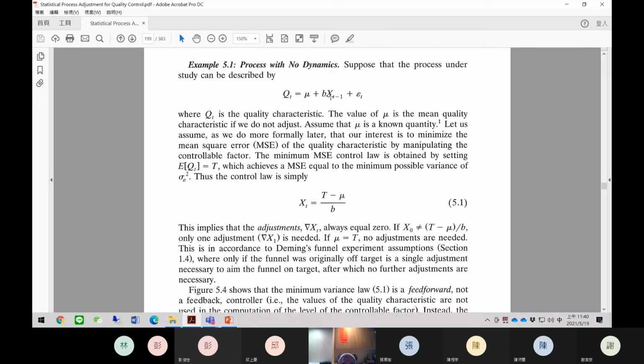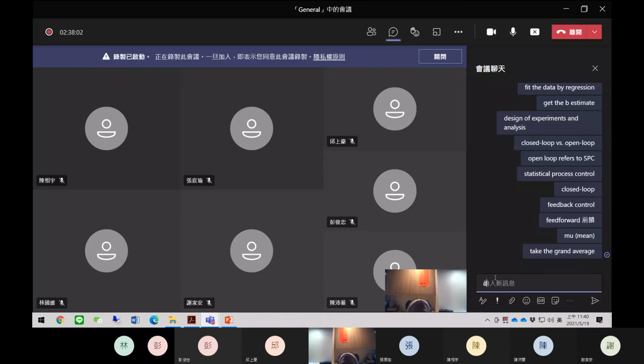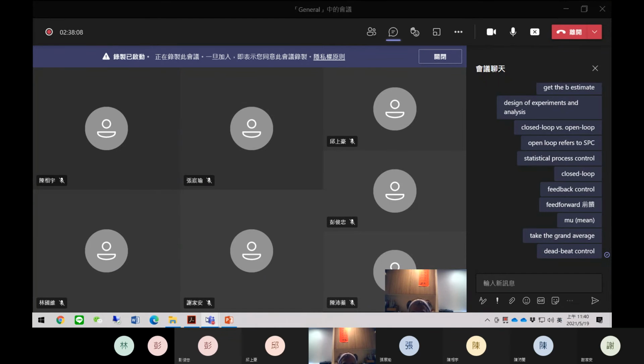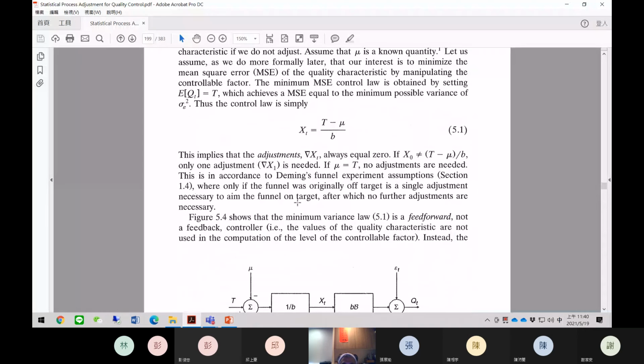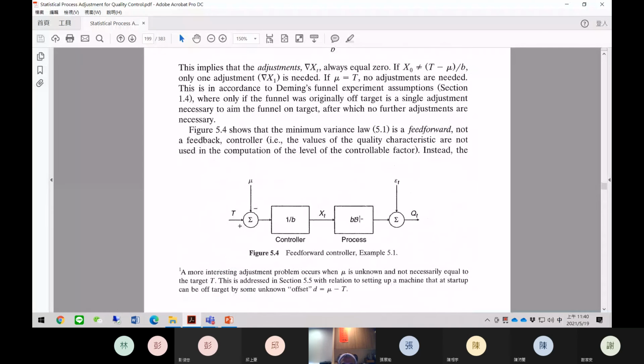Plugging back to here, since this is a deadbeat controller, there's a one lag behind. That's why we need to put the backward operator.